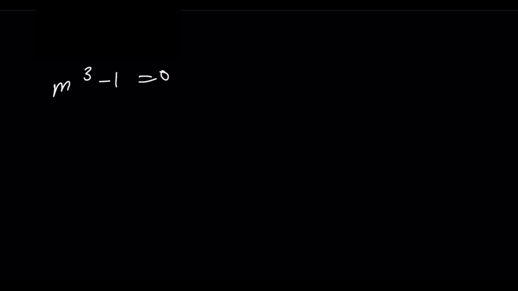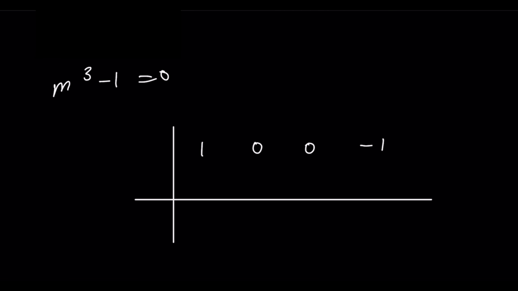You're going to be writing the coefficients of the differential equation above. This is the coefficient of the m squared, which is equal to 0, and this is for the m. Now, we are going to be assuming that m minus 1 is one of the factors of this equation.